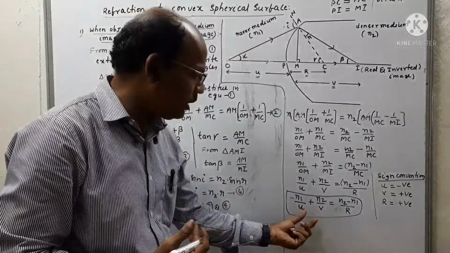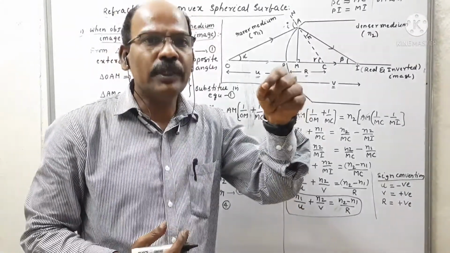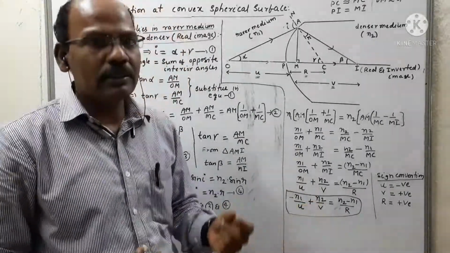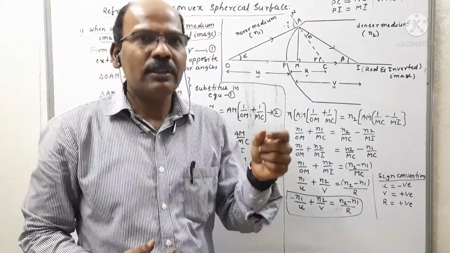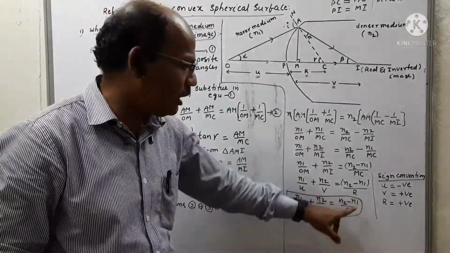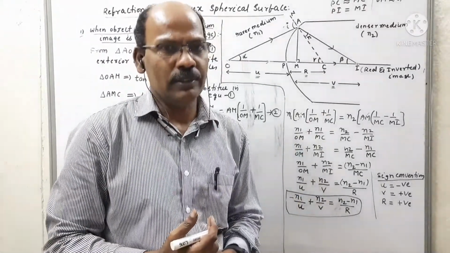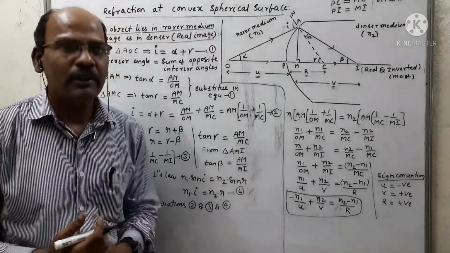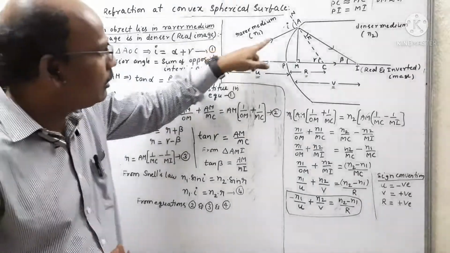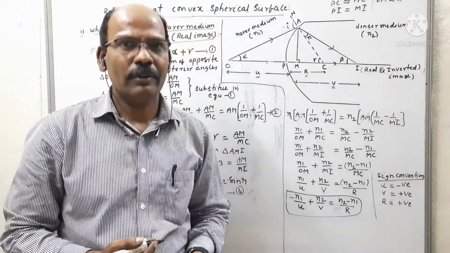From this we can clearly observe the refractive index of the rarer medium in which the object is kept, by applying sign convention, plus the refractive index of the medium in which the image is formed and the image distance, is equal to N2 minus N1 by the radius of curvature of the given convex surface. So this is the formula when the object lies in the rarer medium, when the convex surface is facing towards the rarer medium. Okay?